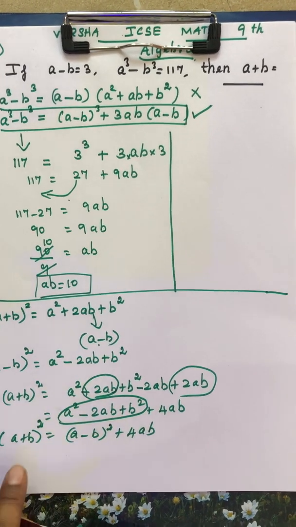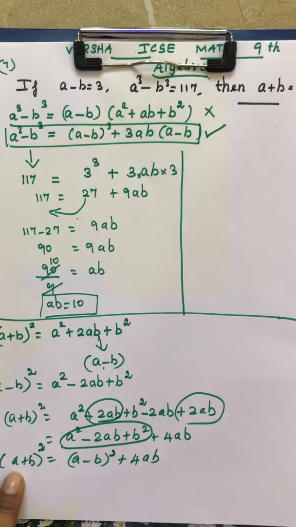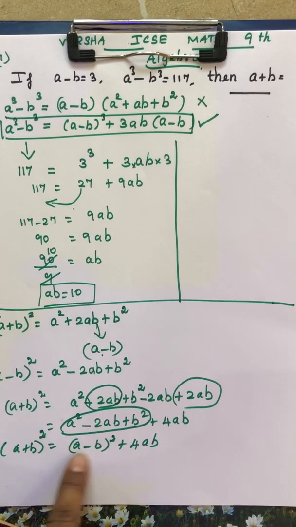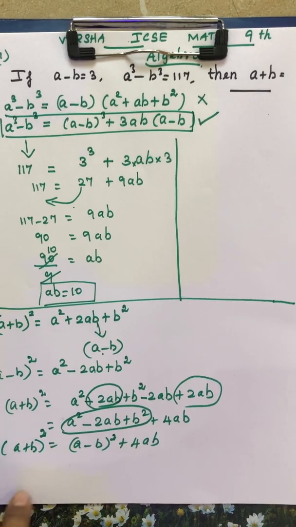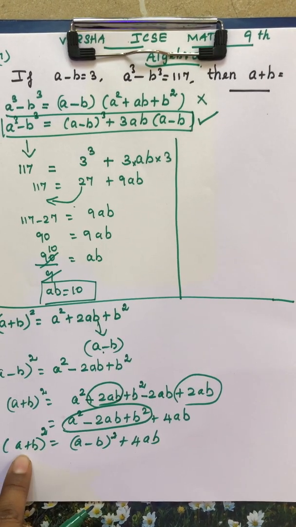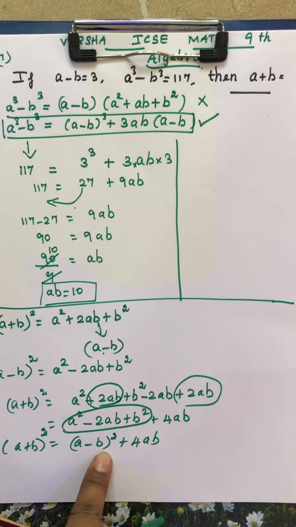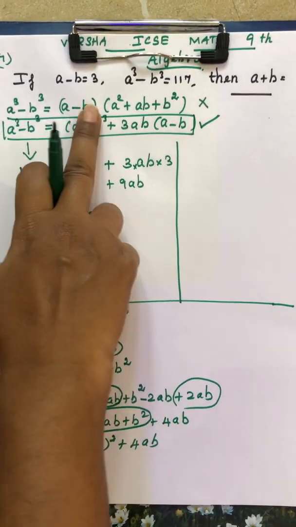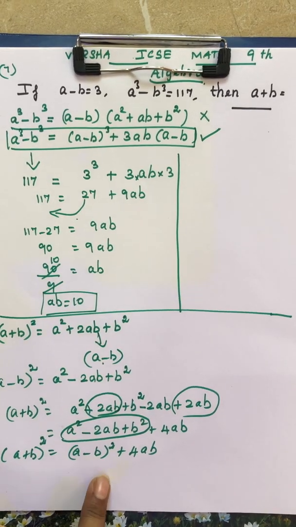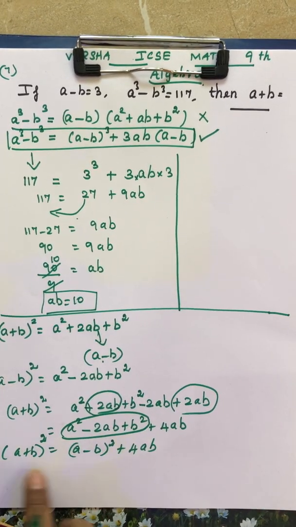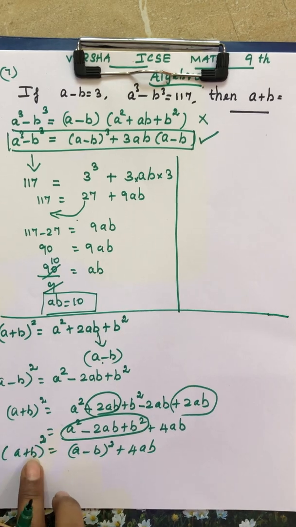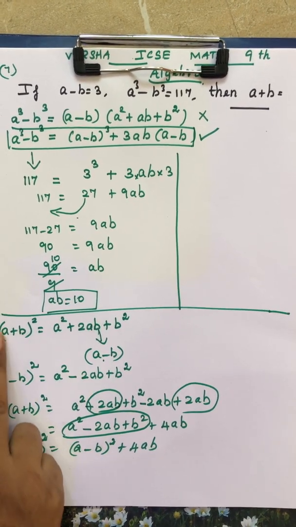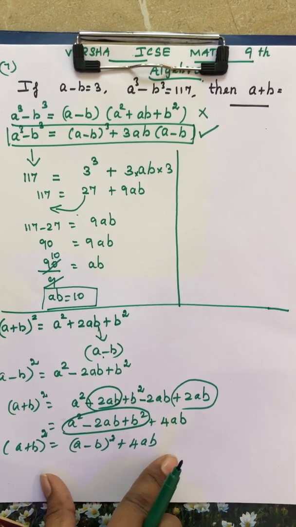So a plus b the whole square can be written with a minus b the whole square. We have connected these two algebraic identities, and with this connection we can find the value of a plus b. In this video I am giving only a plus b the whole square; in the next videos we can do a minus b the whole square in terms of a plus b the whole square in a similar way.